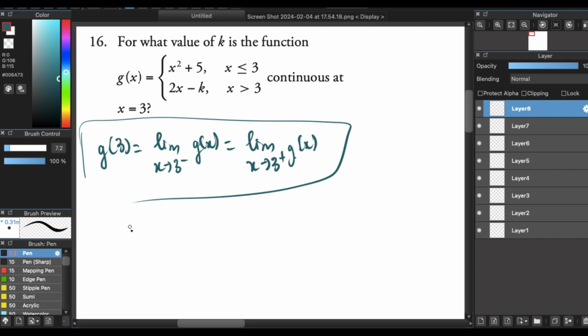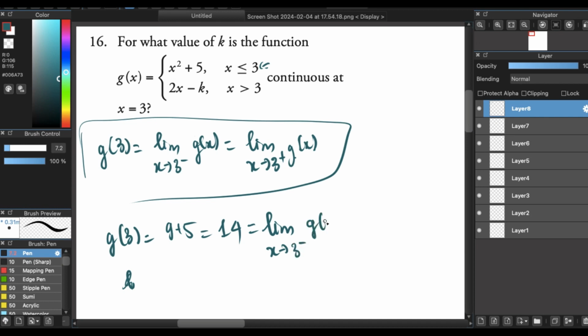So you see that g(3) is equal to, let's substitute 3, 9 plus 5 equals 14, and it's also equal to the limit as x approaches 3 on the left side, when x is smaller than 3.